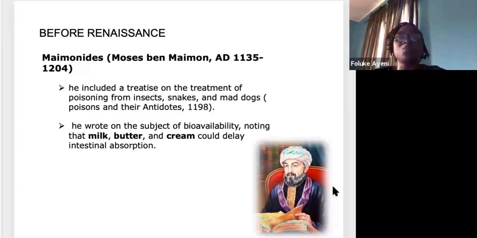He also did some work on the bioavailability of poisons in the body. And he discovered that when people took certain foods, like milk or some other oily food like butter and cream, it could delay the absorption of poisons in the intestine. We also have that today. It has built up over time.